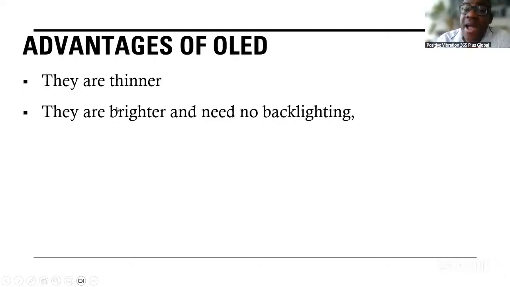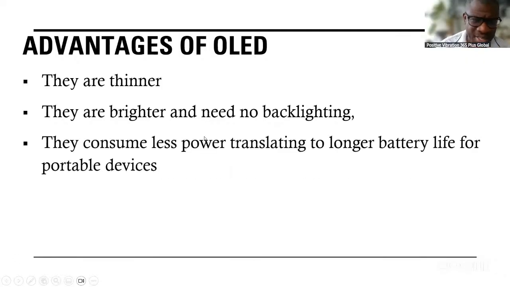All right. They are brighter. And guess what? They have no need for backlighting. They can light themselves up. They consume less power. That means we want to save electricity. We don't want to give our money to JPS. And thus, they are better for portable devices because it means your battery life, Colton, is going to last longer because this is using up less energy.